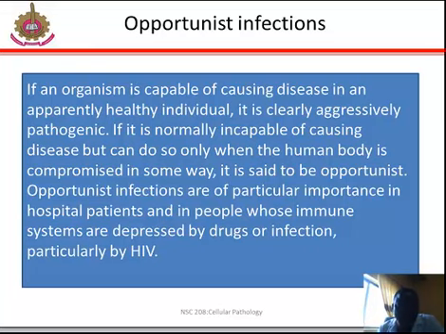Those infections caused by immunosuppression are what is referred to as opportunistic infection. An example is the pneumonia that we find in HIV/AIDS. We call it Pneumocystis carinii pneumonia because it is an opportunistic infection resulting from the immunosuppression of the host tissue caused by HIV infection.